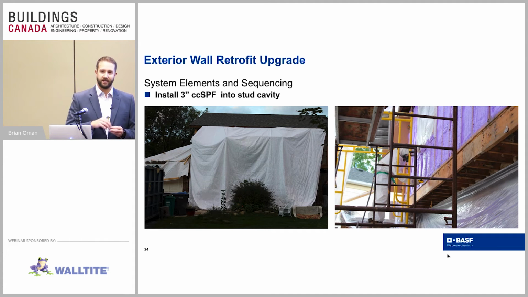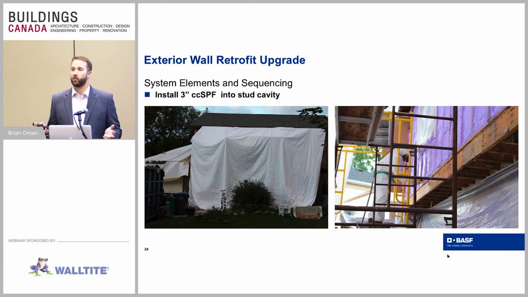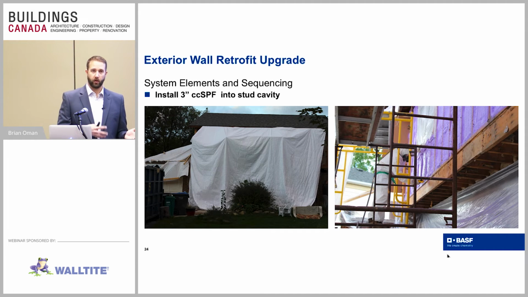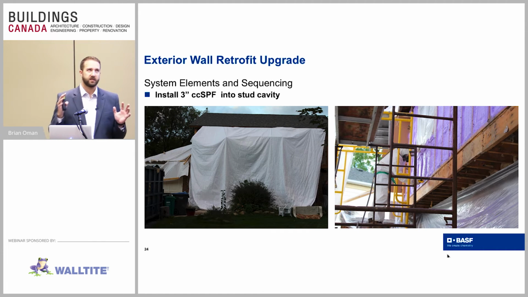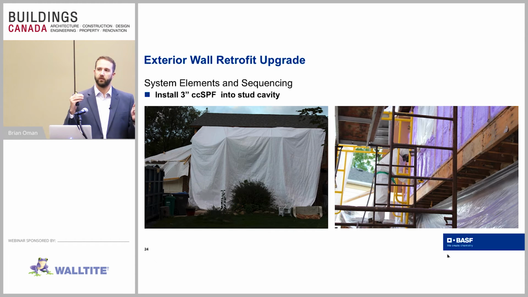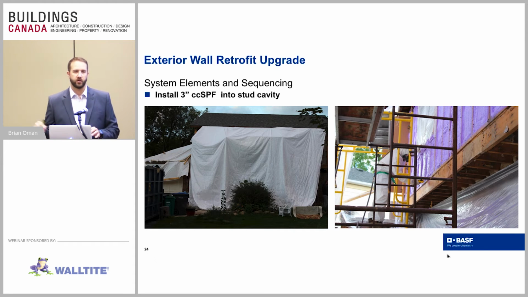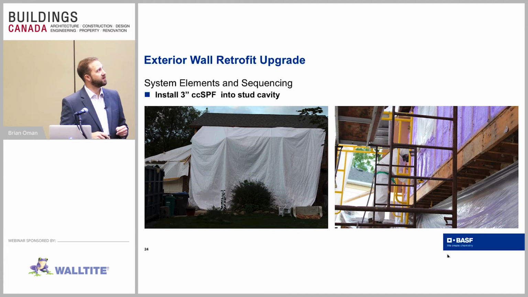Some of it does deviate during the spray application, and we call that overspray. And we want to control our overspray. So in this case, the contractor utilized this tarp over a scaffolding system to control that overspray. Making sure that the neighbors don't get upset about the process going on.